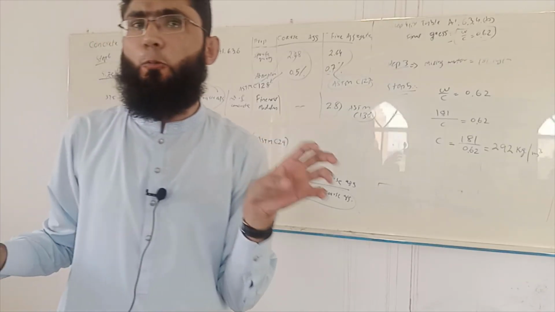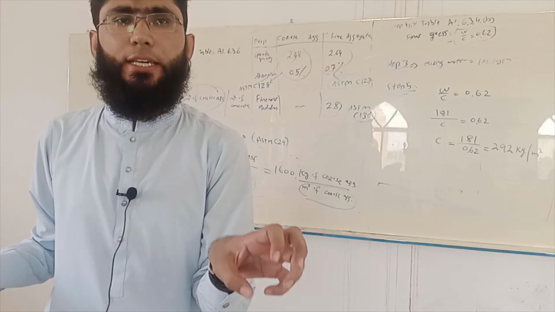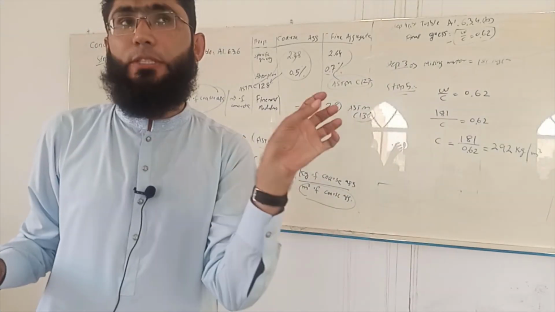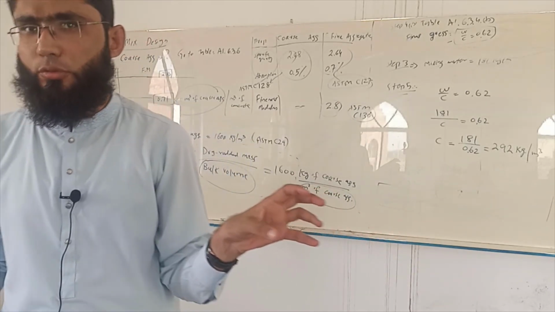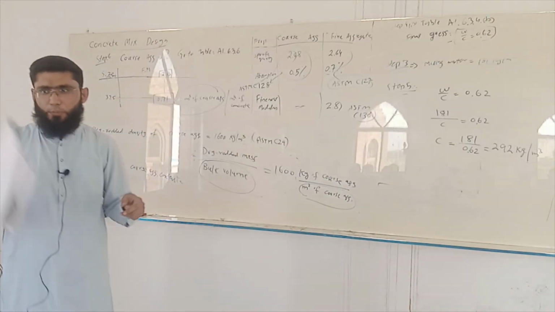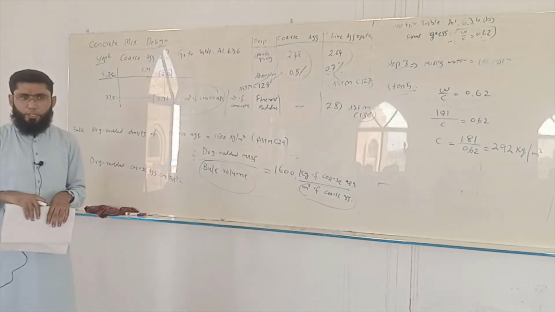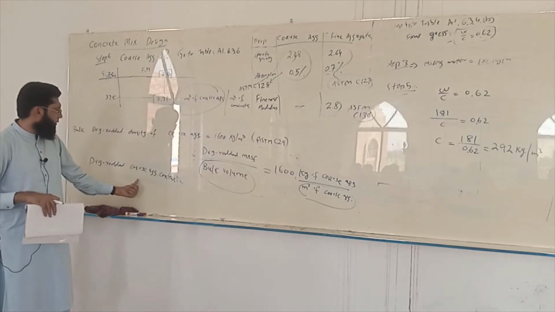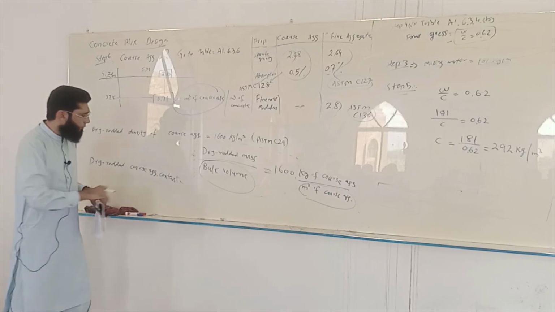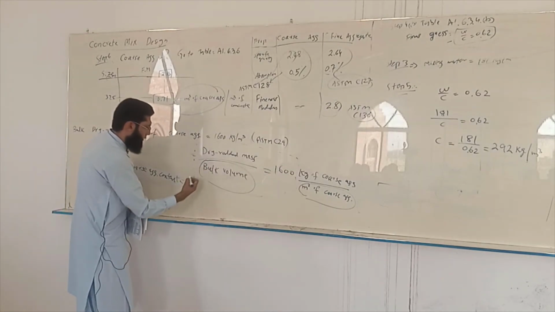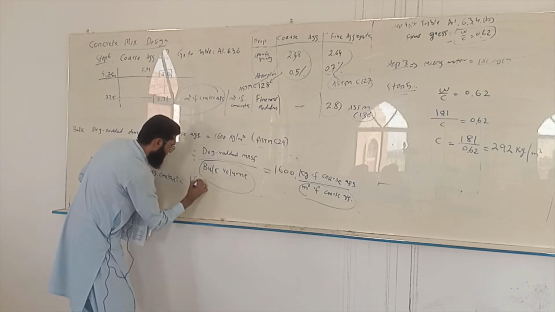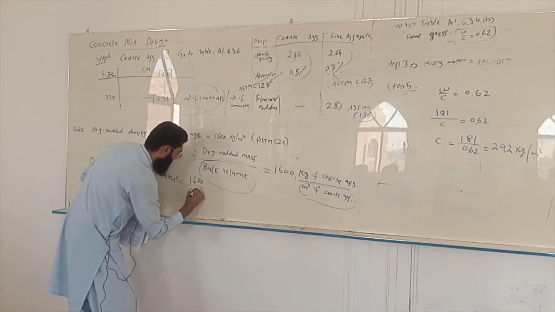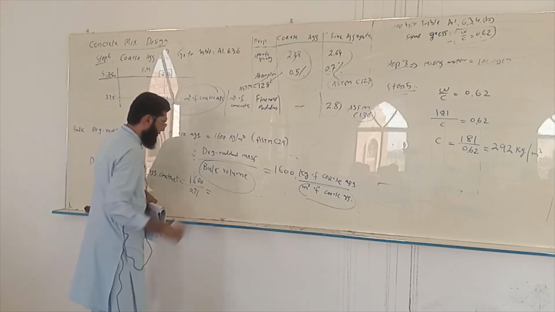Okay, so when I say water content, I actually say that many kgs of water for every meter cube of concrete. So when I say content, it means I'm talking for every meter cube of concrete. So for dry rod coarse aggregate content, 1600 over 0.71. What do you get?